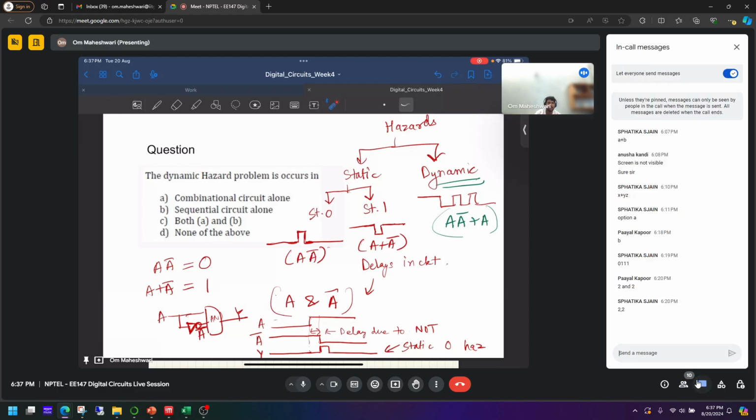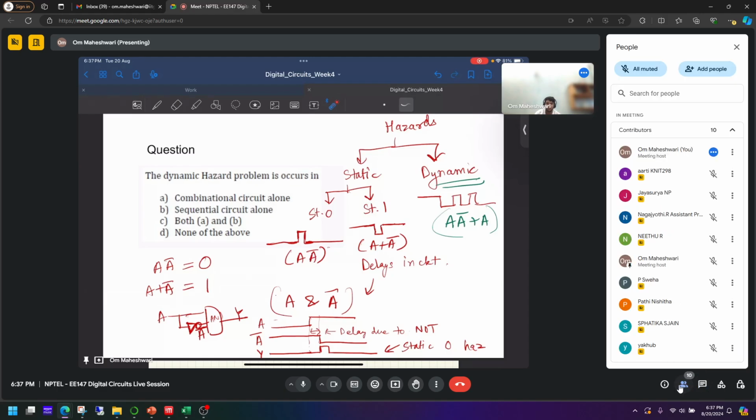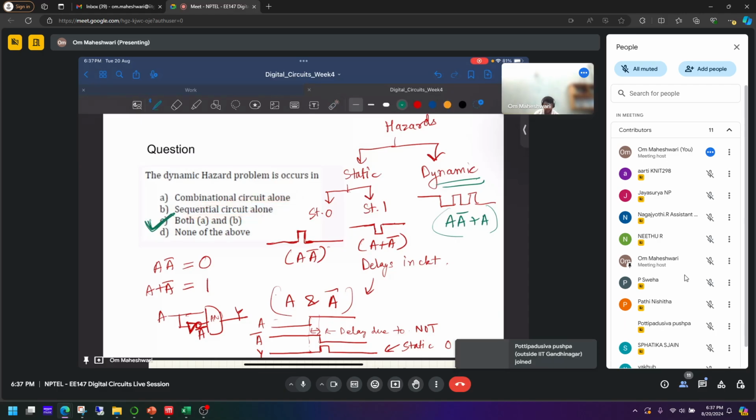Okay, nobody's saying anything. So I suppose it is clear. If you have any doubts, you may please ask. So let us get back to the question. Dynamic hazard problems occur in both combinational and sequential circuits. So your answer would be C. You can have these cases in both combinational and sequential circuits, right?